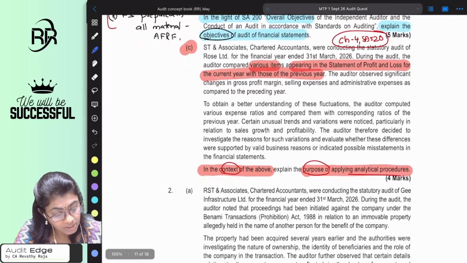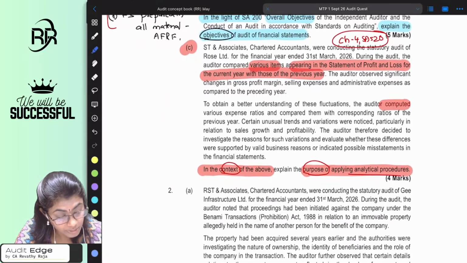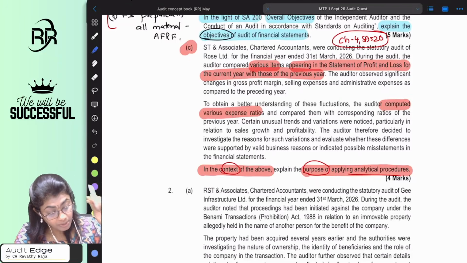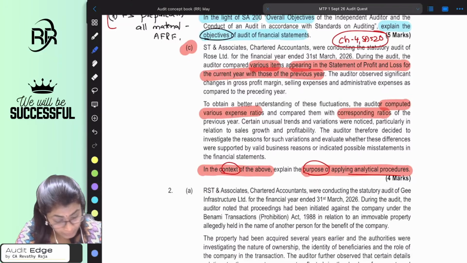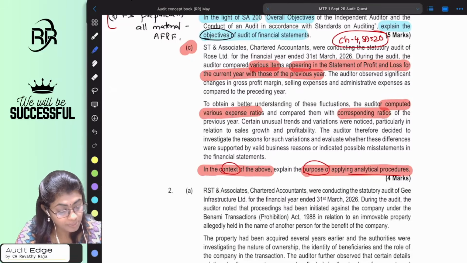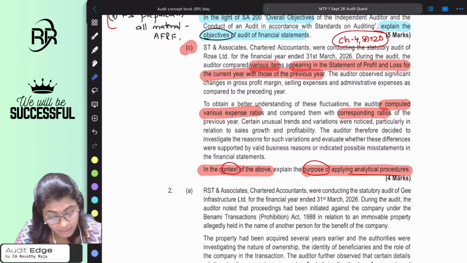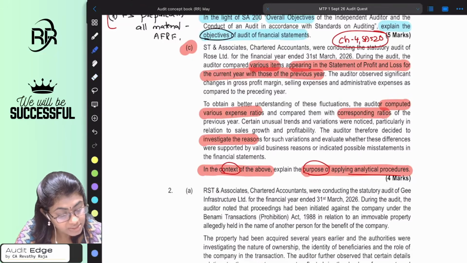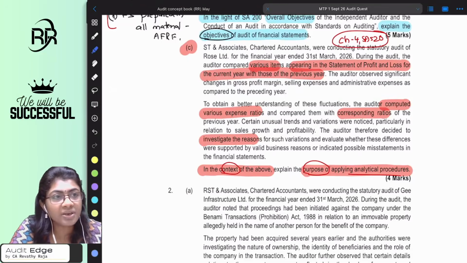To obtain a better understanding, the auditor computed various expense ratios compared with the corresponding ratios of the previous year. Certain unusual trends were noticed with respect to sales and profitability. The auditor therefore decided to investigate the reasons and to evaluate whether these differences were supported by valid reasons and whether there is any possibility of misstatement in the FS.